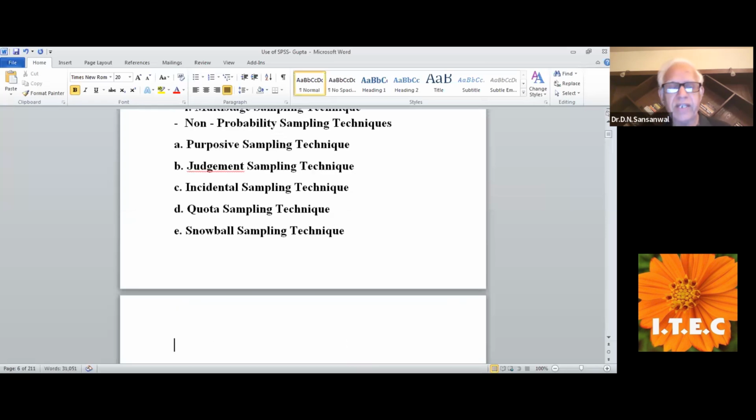Once you have understood, then I will be telling you about the size of sample, determining the size of the sample. Then I will be telling you why a sample size less than 30 is called a small sample, and when it is more than 30, why it is called a large sample.